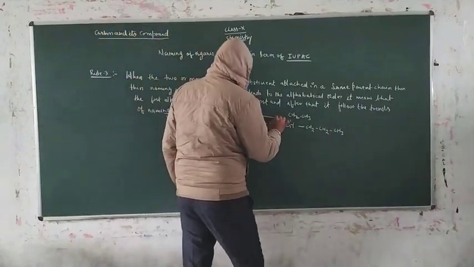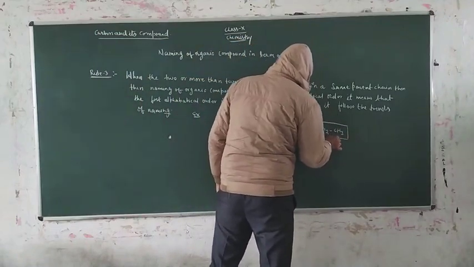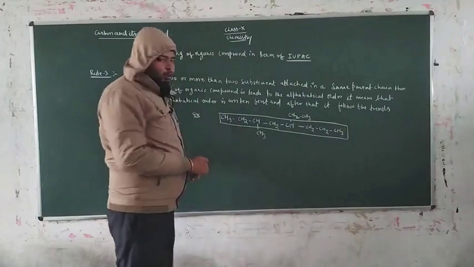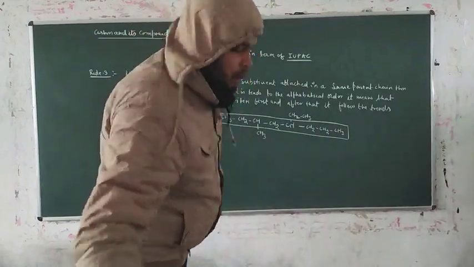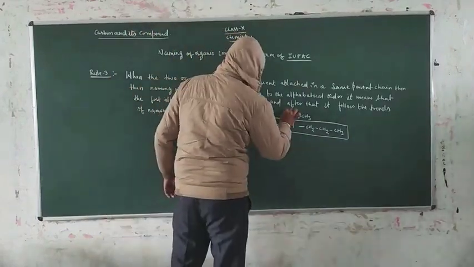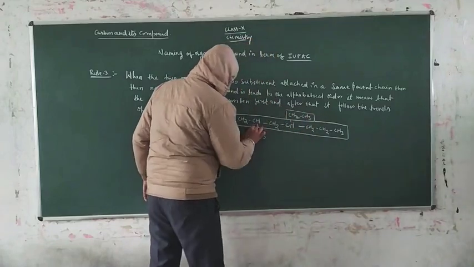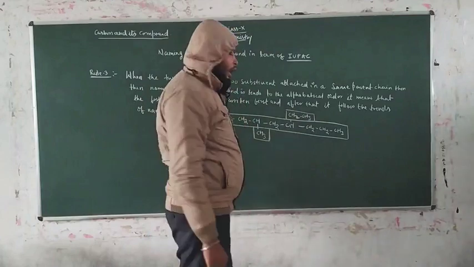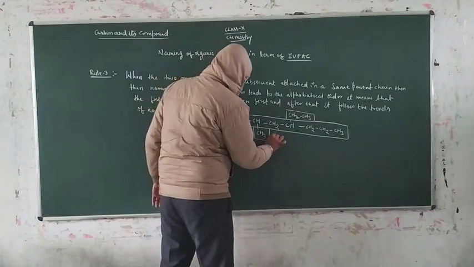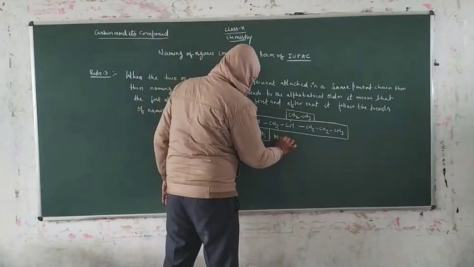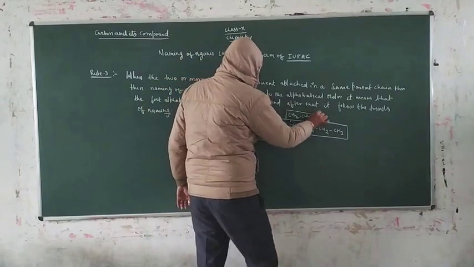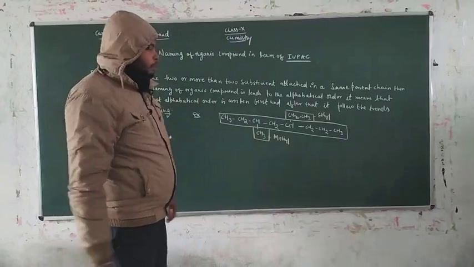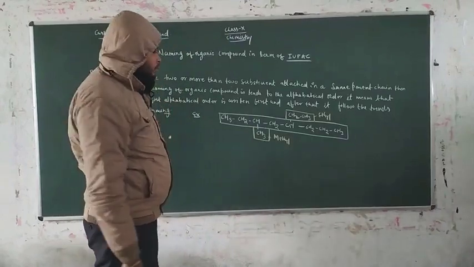This is the parent chain of the following organic compound, and there are two substituents present here. Substituent number first is at 1 and another is at 1. As you know the names of these hydrocarbon groups, this is methyl here, and this is ethyl here.